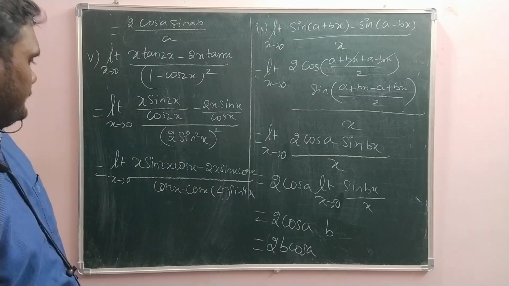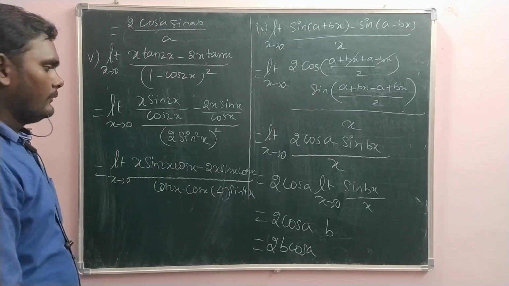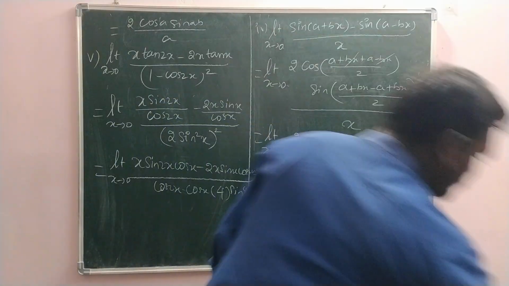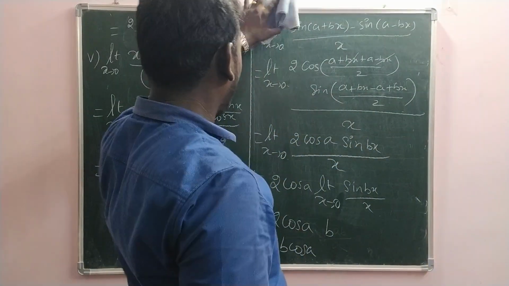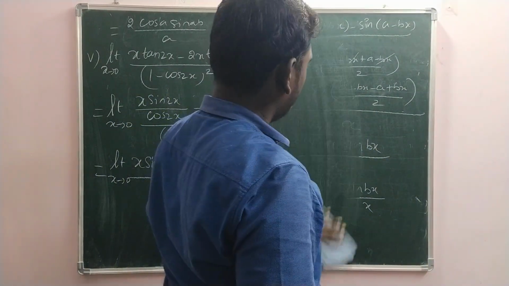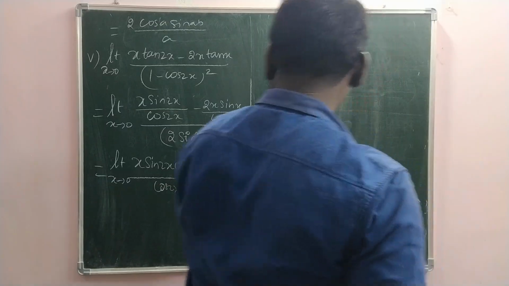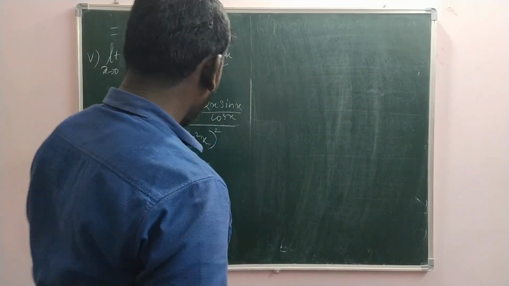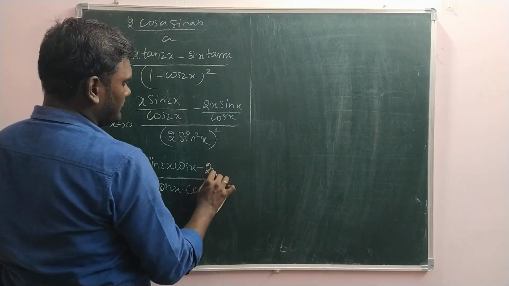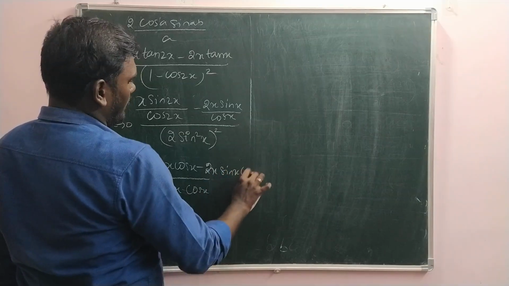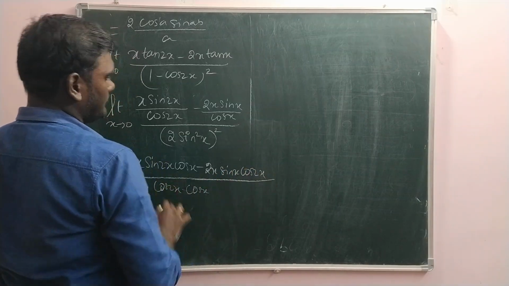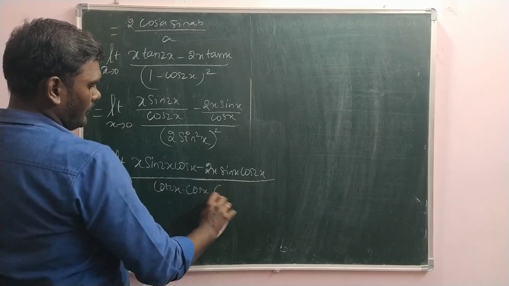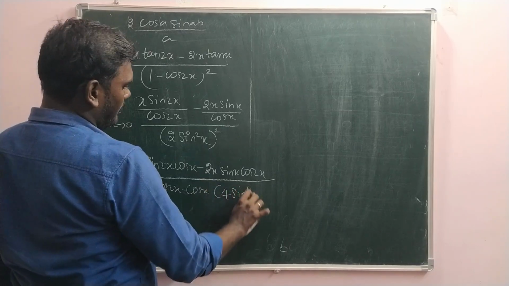Then is it possible? Wait, we'll try at last, then we'll give up. There may be a hope. This is 2x sin x into cos 2x by 4 sin power 4 x.